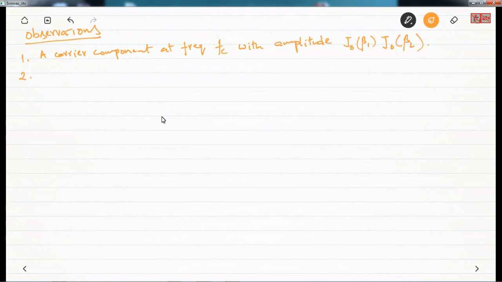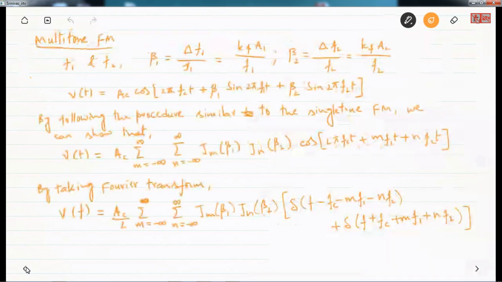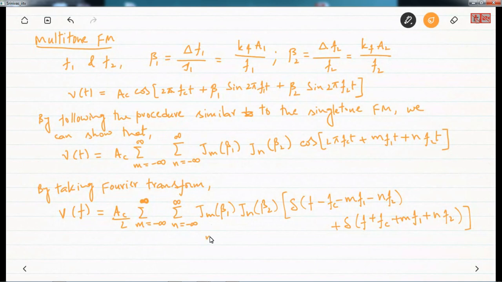So if you go back to the frequency expression, see here, if I put m equal to 0 and n equal to 0, I get J naught of beta 1 and J naught of beta 2 into delta of f minus fc, right, plus delta of f plus fc.